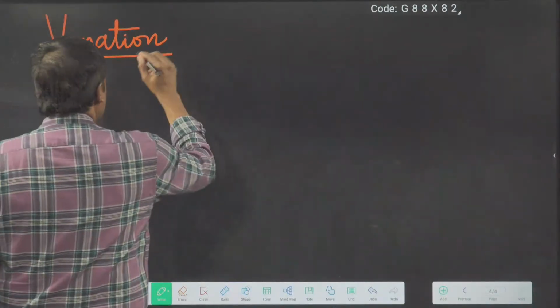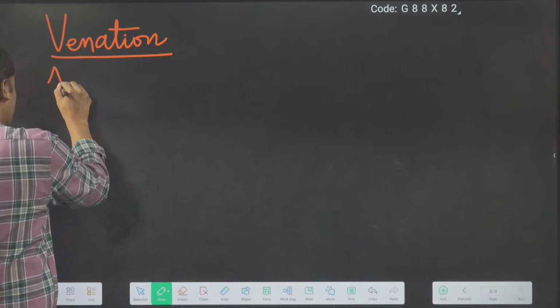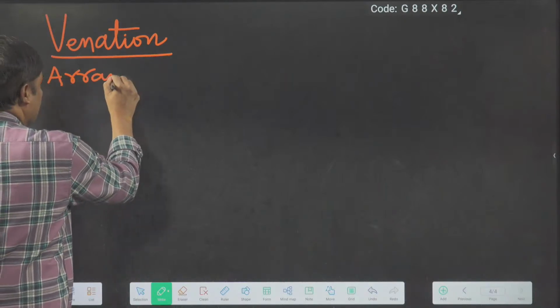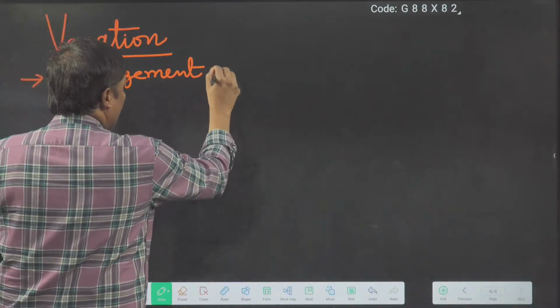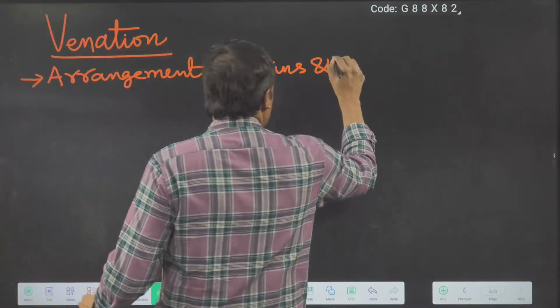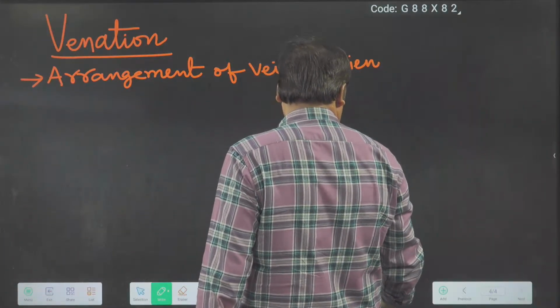Arrangement of veins and veinlets in the lamina.